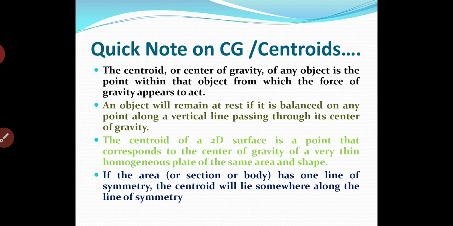If the area or section of the body has one line of symmetry, the centroid will lie somewhere along the line of symmetry.